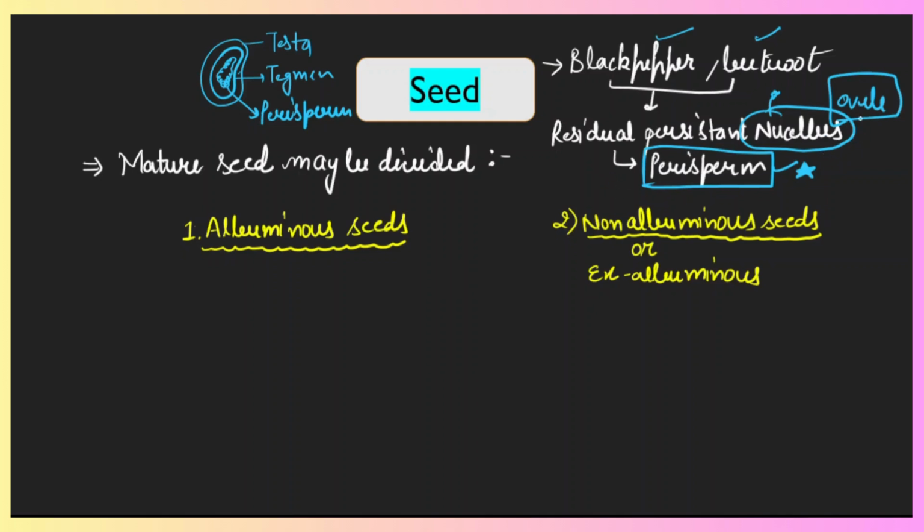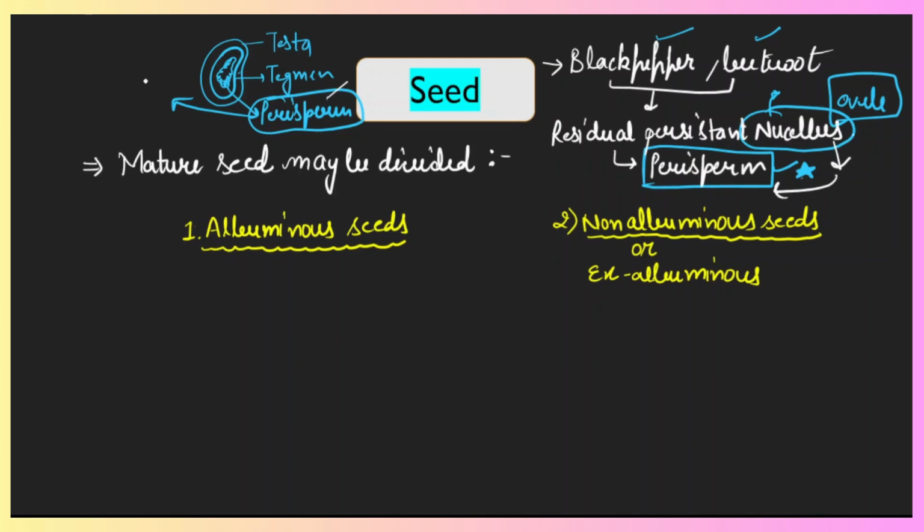In the maturation of the seed, the residual part of the nucellus persists and forms the special nutritive layer around the seed, called the perisperm. So this example is very important. What is perisperm? Perisperm is made up from the nucellus part.